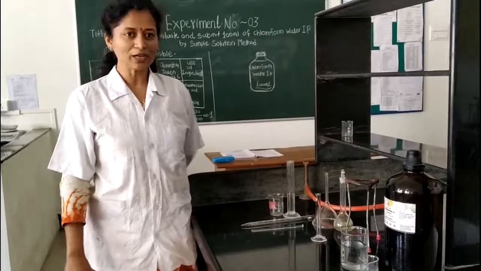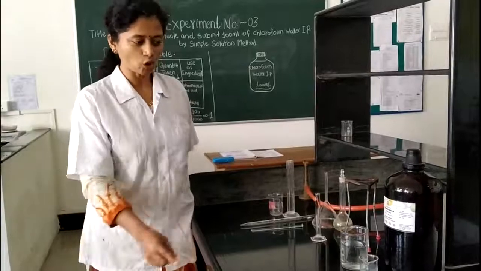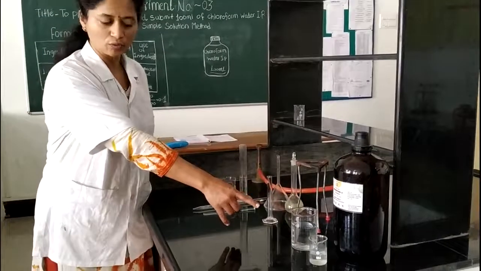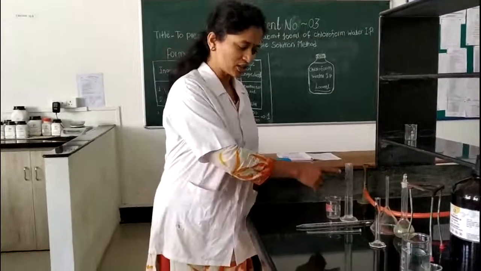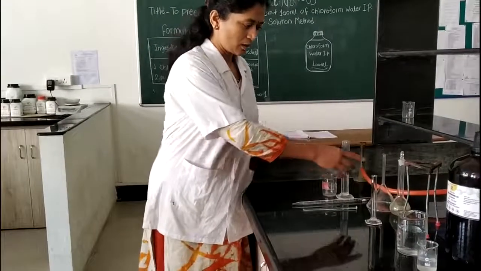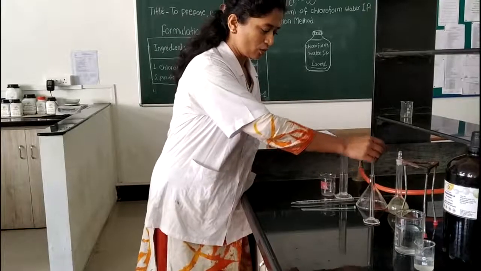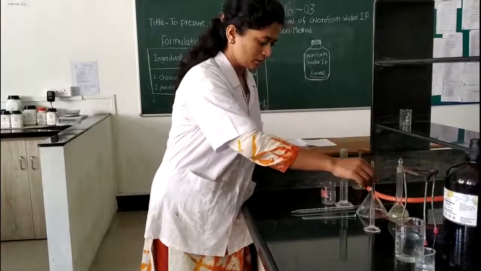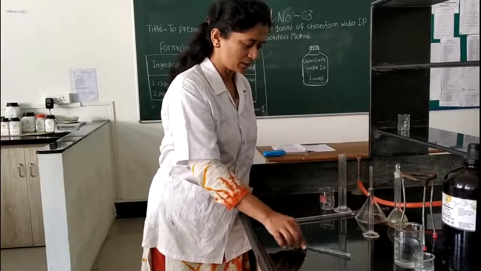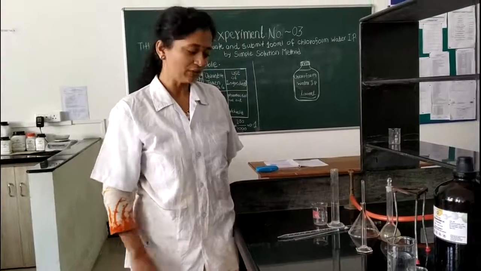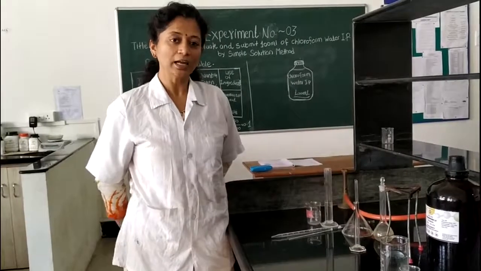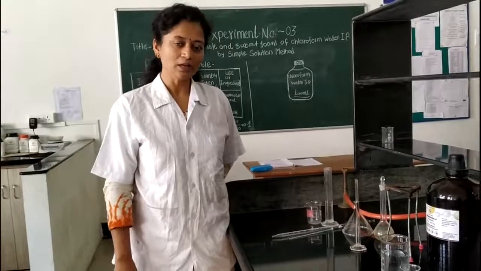The chemicals required for today's experiment are chloroform and purified water. The apparatus required are a measuring cylinder, funnel, pipettes, volumetric flask, retort stand and filter assembly, in case there is any particulate matter in our preparation.